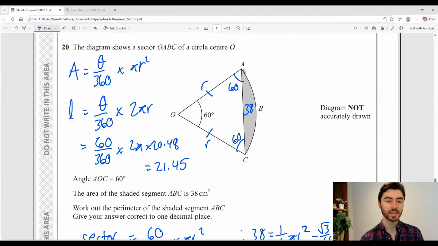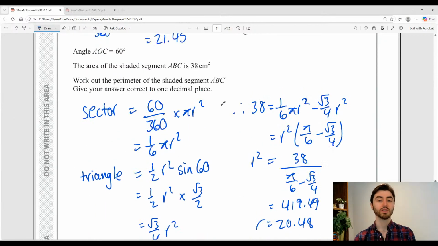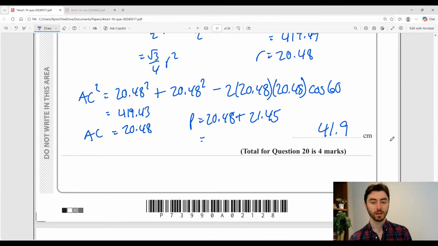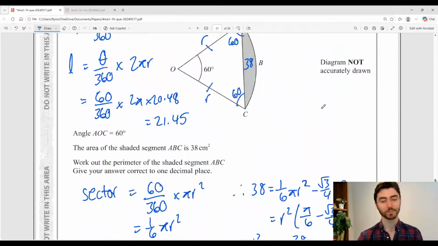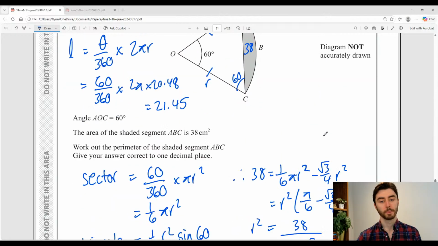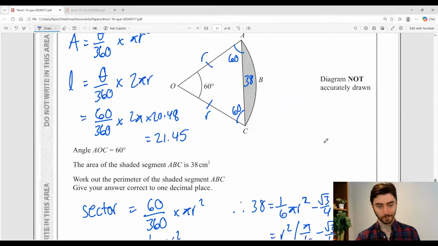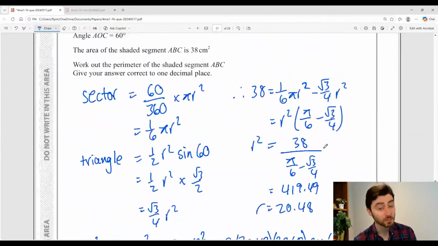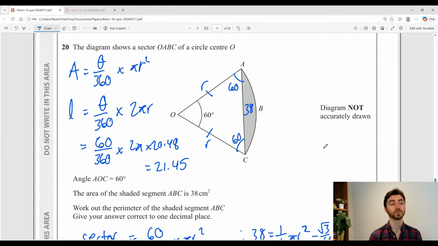Which means that this straight length from A to C was also going to be the radius. So I actually didn't need to do this cosine rule at all. I could have saved myself that step. So that would have been the easy way. But even if you didn't spot that, like I showed, you had the cosine rule available in case it helped.